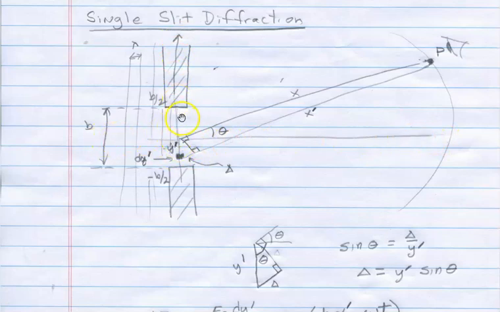So I center it up, and then I know that I can decompose this wave into a bunch of point sources that emanate spherical wavelets by Huygens principle. And then ultimately I'll add all those up over here at my detector, which could be the eye, but nowadays as often as not would be a photo detector of some sort.